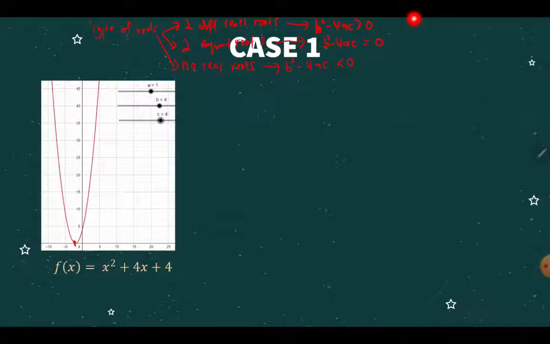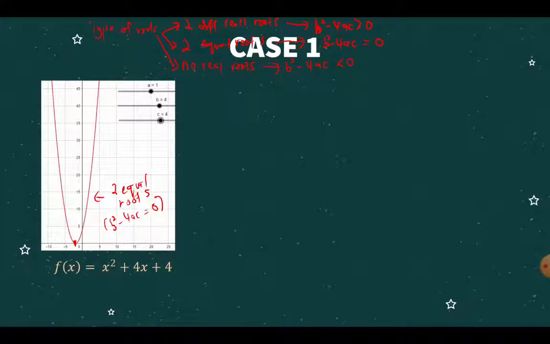It touches at one value. So we can say that from this graph, this is the type where we have 2 equal roots. When we talk about 2 equal roots, we relate it with discriminant equals 0, right? Discriminant equals 0.